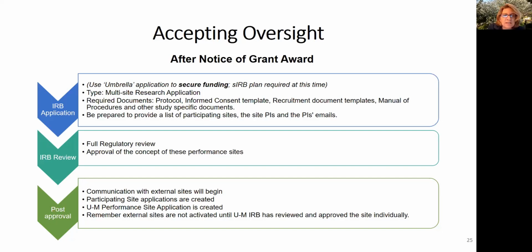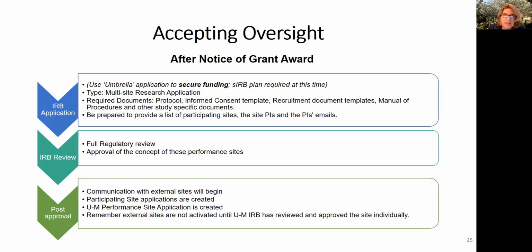So the IRB still have work to do at this point, which is why it's a conceptual approval of those performance sites, and they'll be added later. So this is where the study teams and the IRBs, to some extent, start communicating with those external sites. Those participating site modules or applications are created in the multi-site research application once it's been IRB approved.